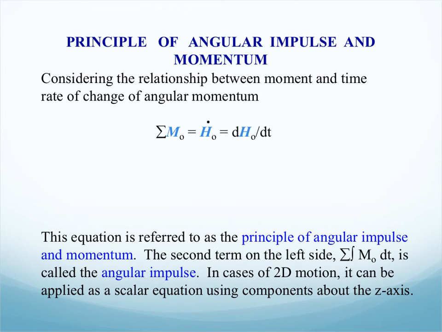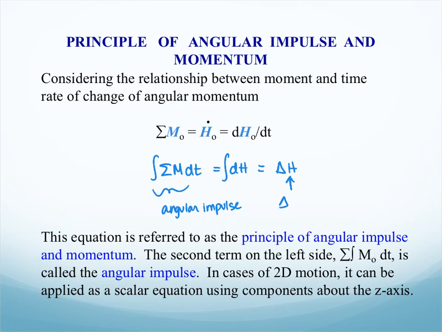So if we have that, just as we did with regular impulse and momentum, we can rearrange this and have the moment times dt is equal to dH, and we can integrate both sides. We'll call this the angular impulse, and this is just the change in angular momentum.